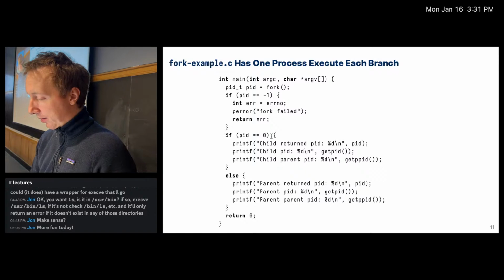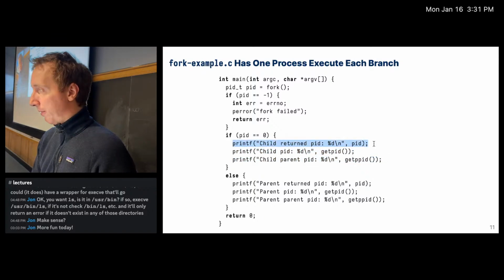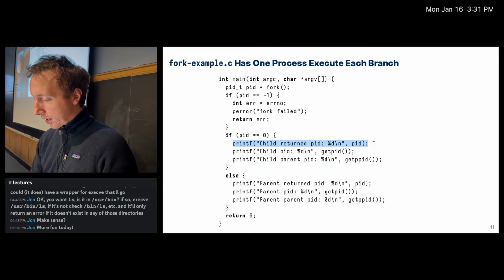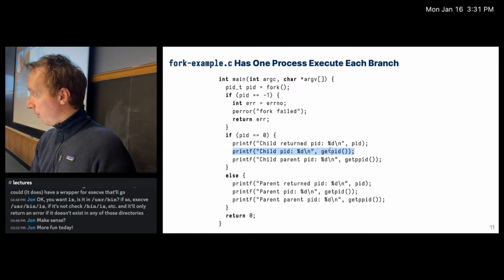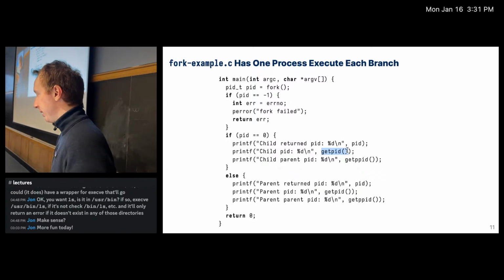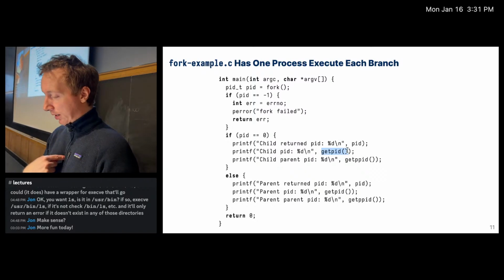When I execute this, the child process would come into this branch and print off all this information about the child. It would print off whatever fork returned, and then its process ID, which is done through another system call called getpid. That will return your process ID.